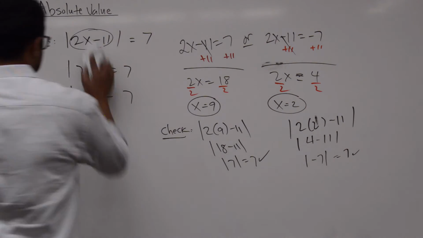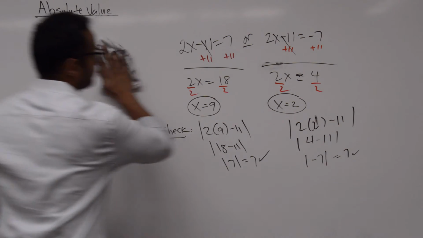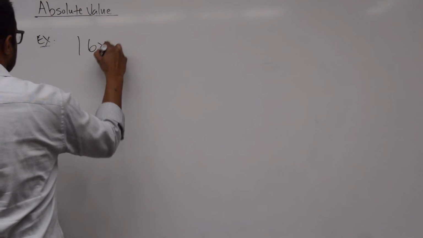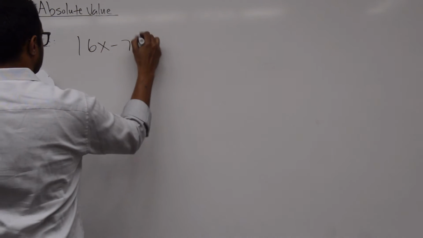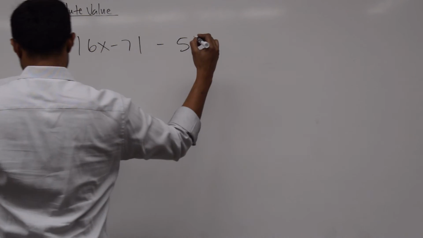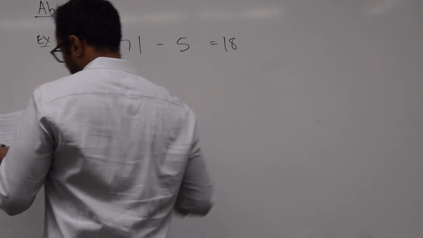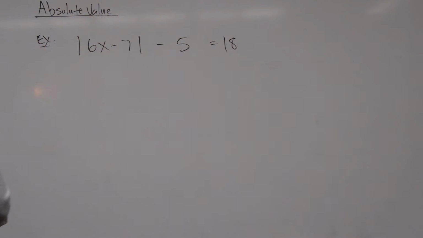Okay, let's do another example. Next example. We have the absolute value of 6x minus 7, minus 5, equals 18. Step 1. Isolate the absolute value.